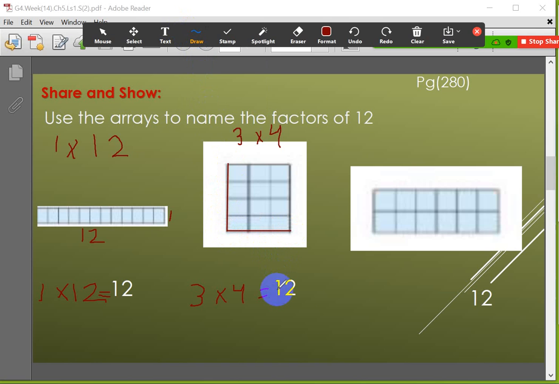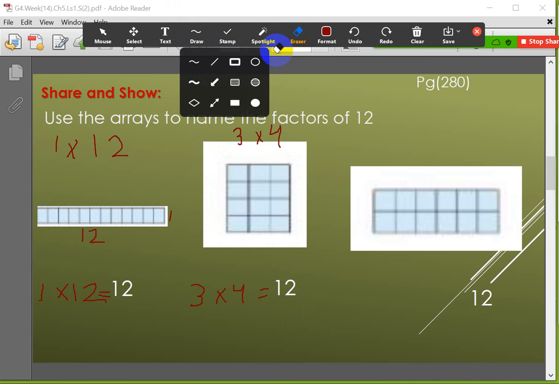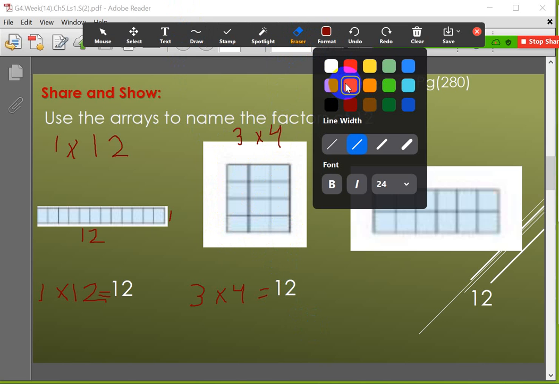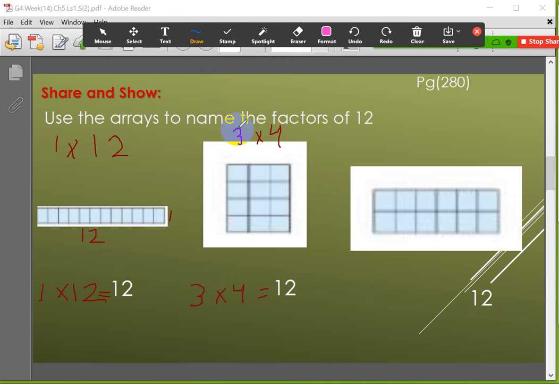Okay, look, I will draw it in another color. Here, how many columns do I have in vertical way? I have 1, 2, 3 columns.